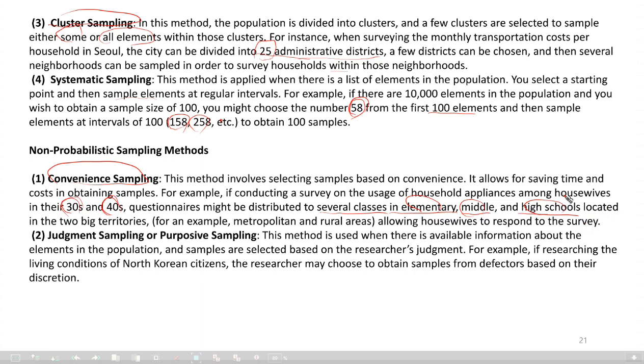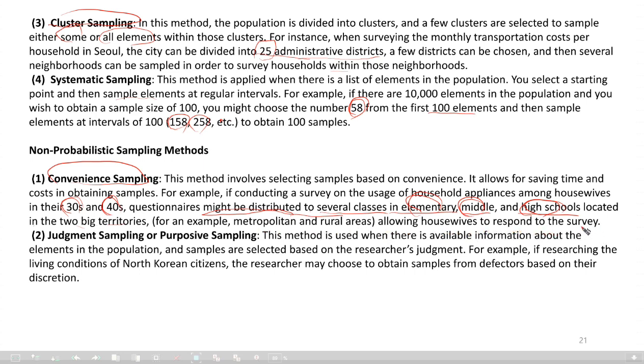Located in two big territories, for example, metropolitan and rural areas. In each territory, you can select elementary, middle, and high schools, and you distribute to several classes, allowing the housewives to respond to the survey.